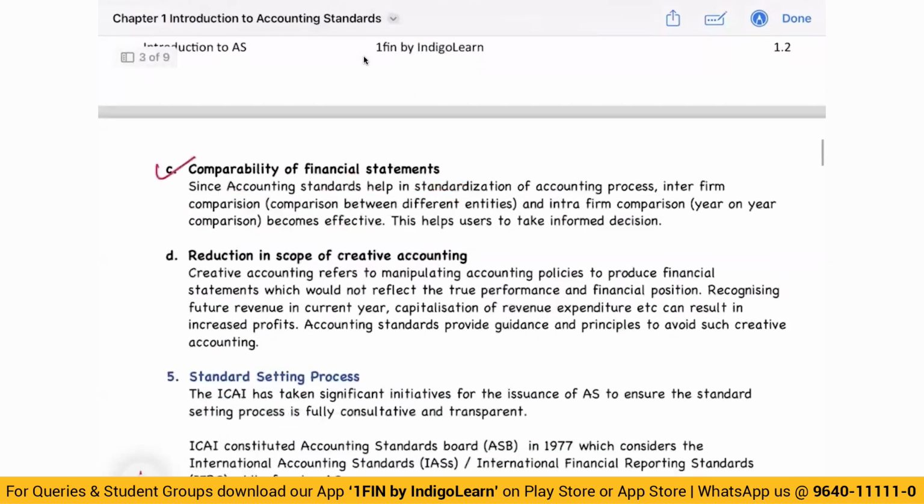Then comparability. You can compare multiple financial statements between different companies, and year to year for the same company. Then reduction in scope of creative accounting. Creative accounting is basically window dressing or manipulating the financial statements. Because you have limited the options that are available, there is a reduction in scope of creative accounting.